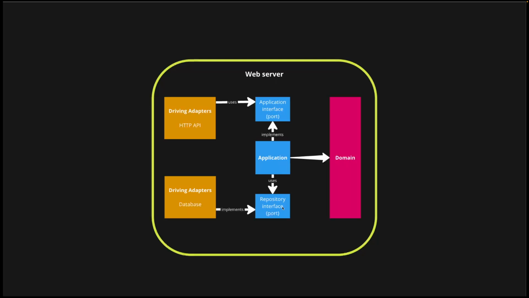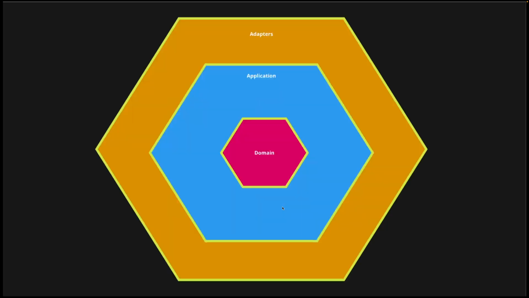And this is how things are separated. Now you can see that application points only to the ports, only to the interfaces, and adapters, which can use or implement these ports, actually know about these application ports. And about the domain, everything stays the same. The direction is the same.